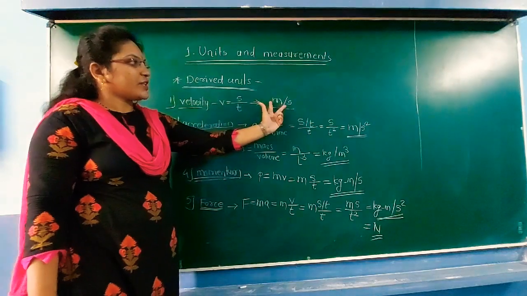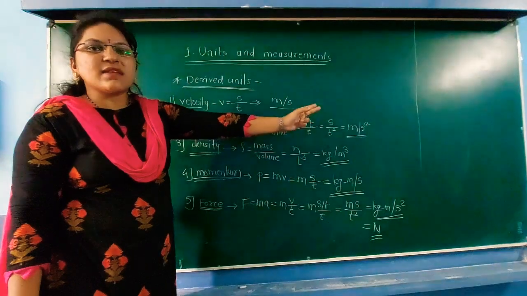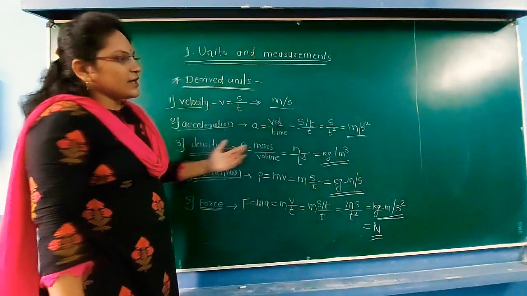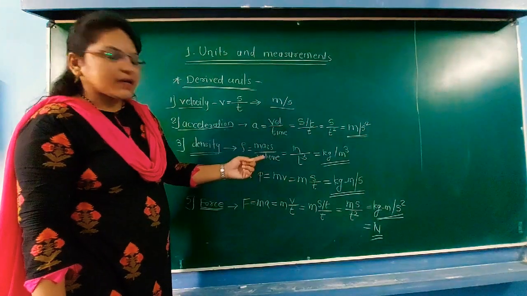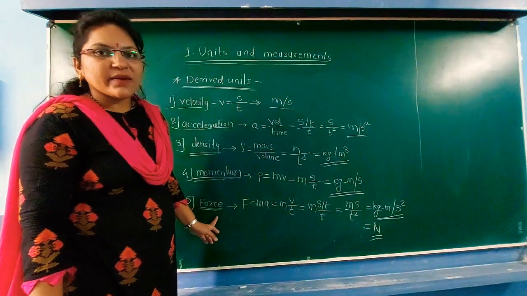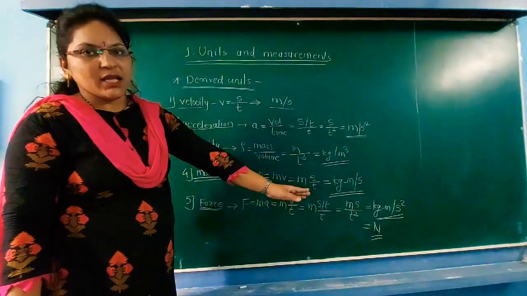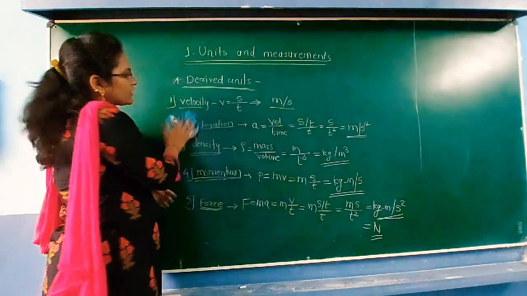Velocity has SI unit meter per second, acceleration meter per second square, density kg per meter cube, momentum kg into meter per second, and force kg into meter per second square, that is Newton. These 5 quantities are derived quantities.